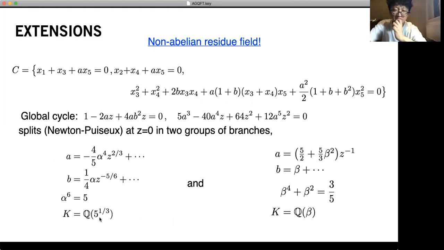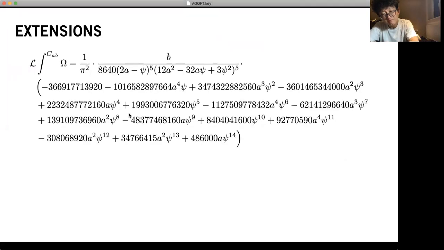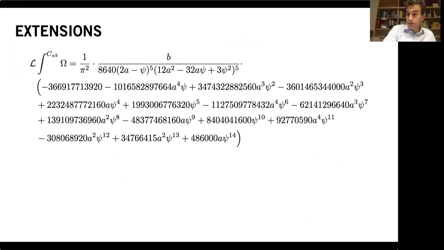But I guess here it could happen that only some combinations appear. Once you expand on this side, it could happen that the coefficients land in the subfield. I see. Okay, that's fine.